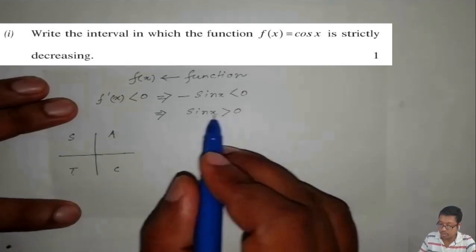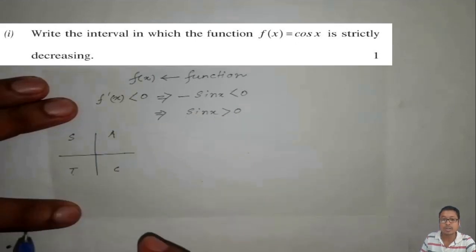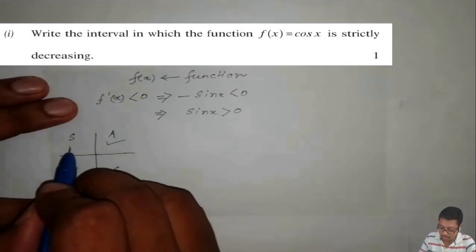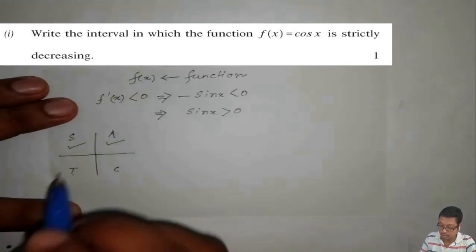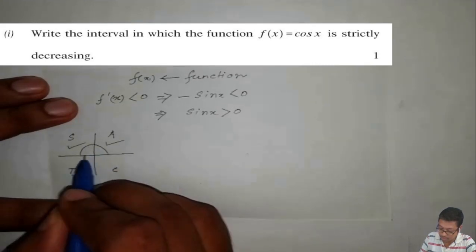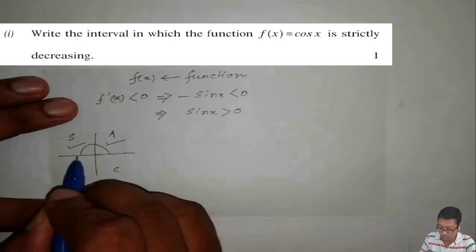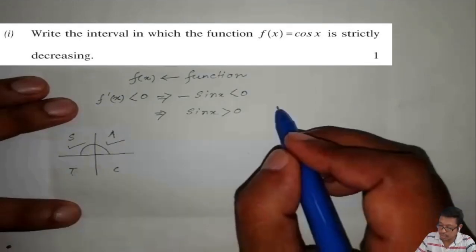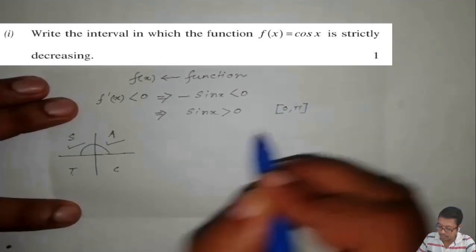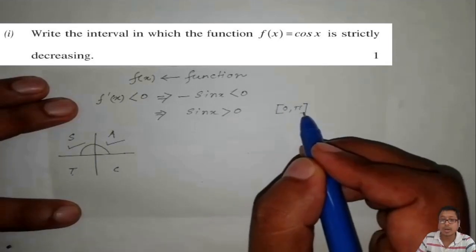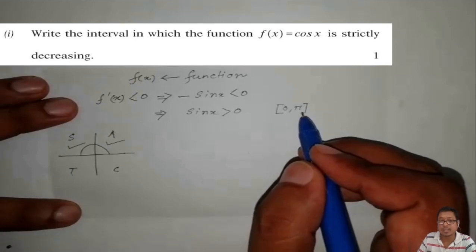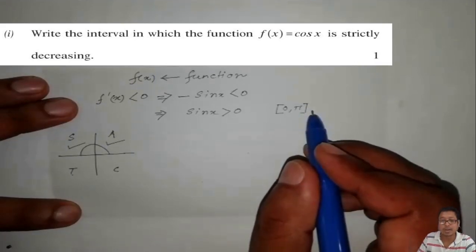Now sin x is positive in which of these 4 quadrants? If you observe, it is positive in the first quadrant and second quadrant. Starting from 0 going up to pi, it is positive in this interval 0 to pi. That's why the function f(x) = cos x is strictly decreasing in the 0 to pi interval.